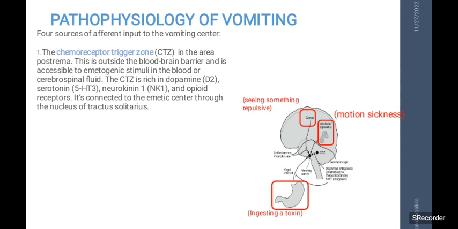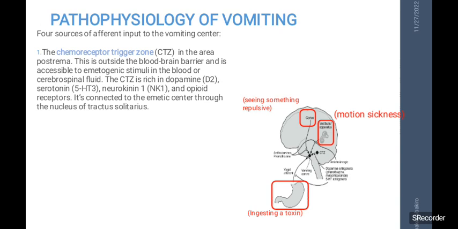This is outside the blood-brain barrier, and the CTZ is rich in dopamine receptors, that is D2, serotonin receptors, that is the 5-HT3 receptors, the neurokinin 1, NK1 receptors, and opioid receptors. It is connected to the emetic center via the nucleus of tractus solitarius.